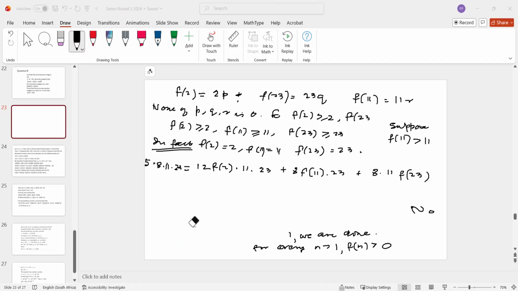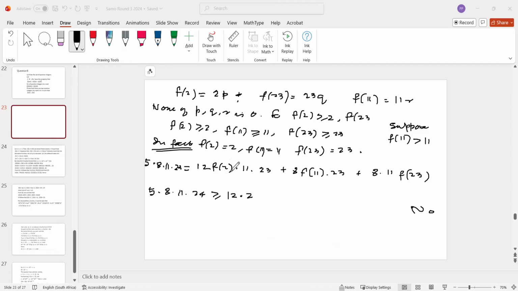So what do I have? I have that f of 11 is strictly greater than 11. F of 2 is greater or equal to 2. And f of 23 is greater or equal to 23. And I'm assuming that one of them is strictly greater. So I have on my left-hand side 5 times 8 times 11 times 24. Now it's equal to this. So I'm going to make this thing greater or equal to, this is 12 times 2.